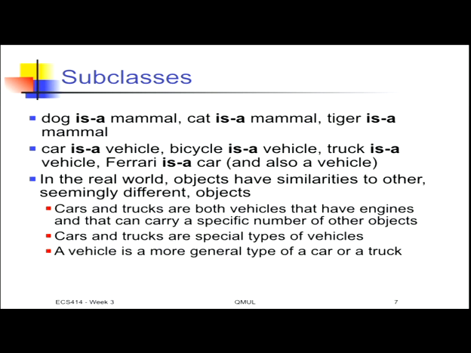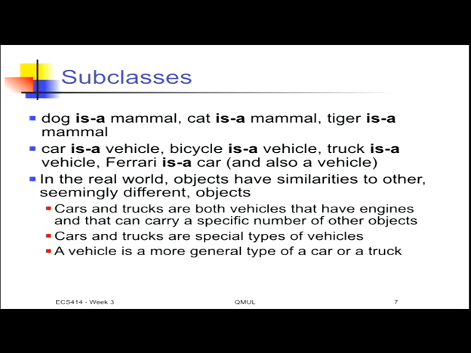When we think dog is a mammal, we have this generic concept of mammal, a kind of animal with some properties, and the dog is a particular case of mammal. Another particular case of mammal is cat, and also tiger. All these are particular cases of this more general concept.